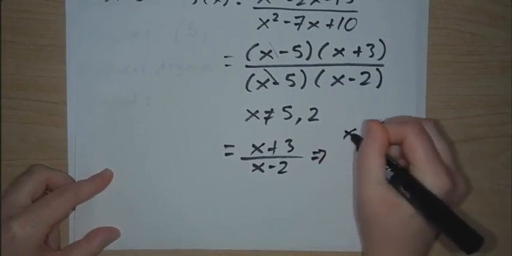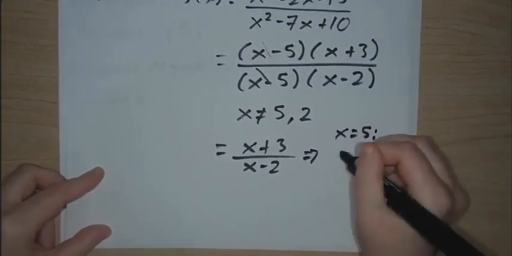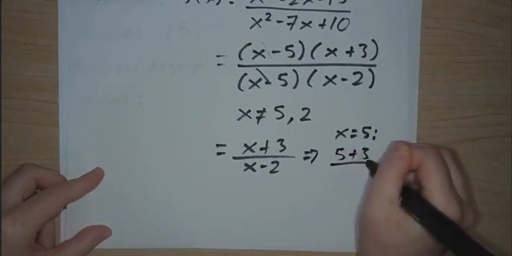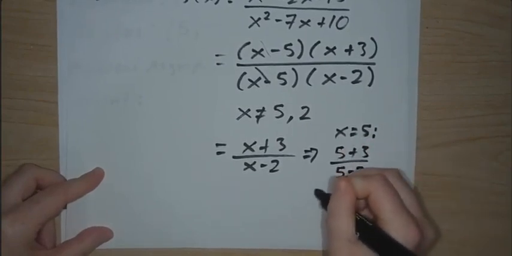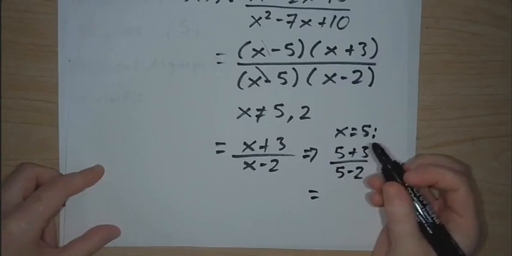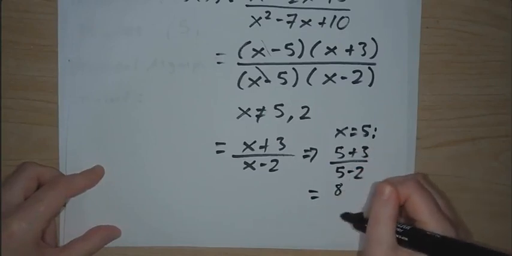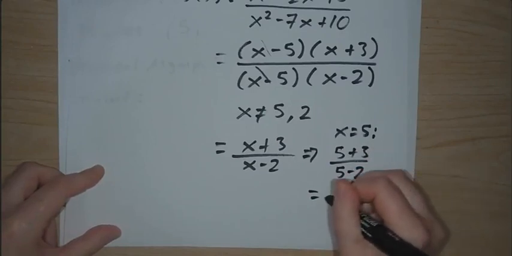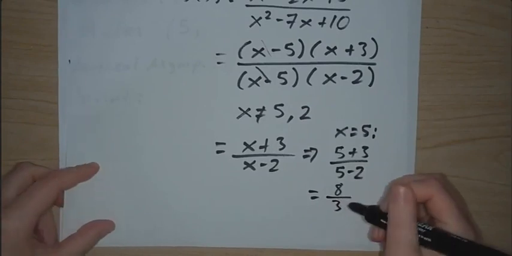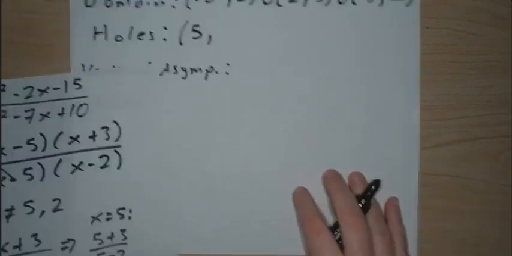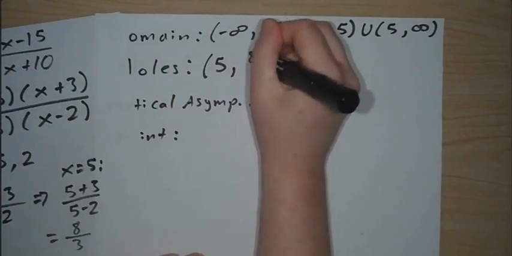Plugging in our 5, we have 5 plus 3 over 5 minus 2. And 5 plus 3 is 8, and 5 minus 2 is 3. So our y value for our hole is 8 over 3.